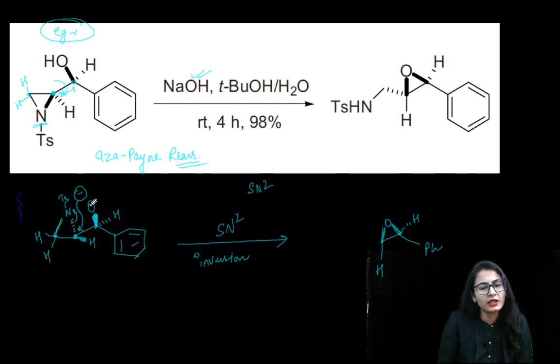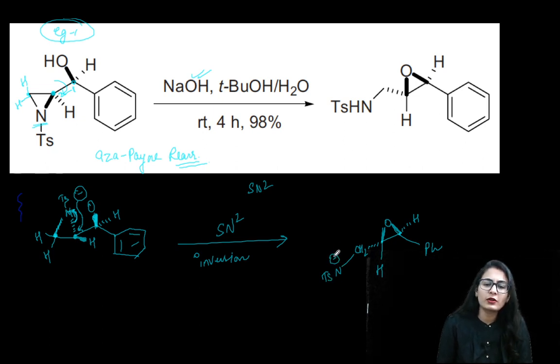Just a second, the O minus attacks over here and you have, alright, so there is one difference over here, guys, that when the epoxide attacks, yes, this group opens up, CH2 NTs, yes, CH2 NTs minus it is going to be, but then after aqueous workup it is also going to take up a proton and finally give us this product.